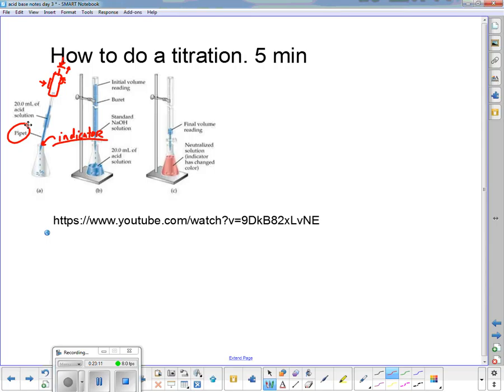You realize that you've made a mistake when you smell something burning, right? So this one, you'd realize you made a mistake because you drained the whole burette. So we need to make sure we add an indicator, because an indicator tells us when the finish is, when we stop.